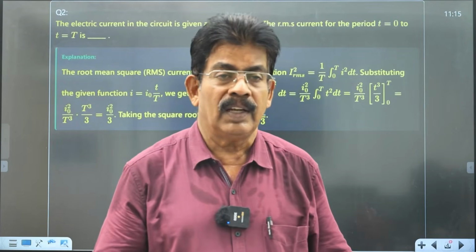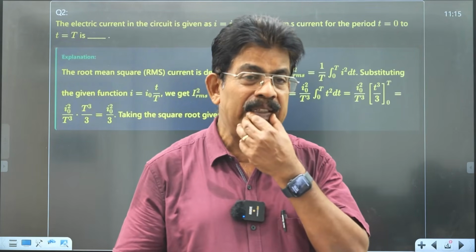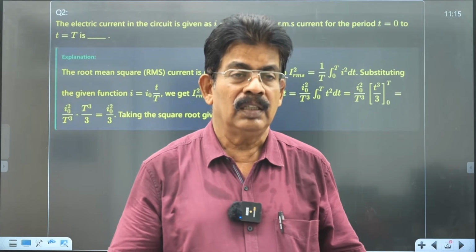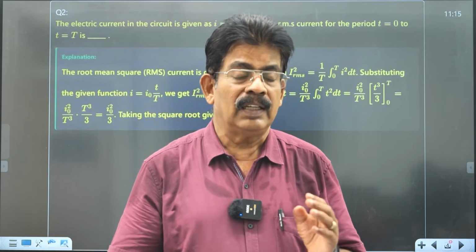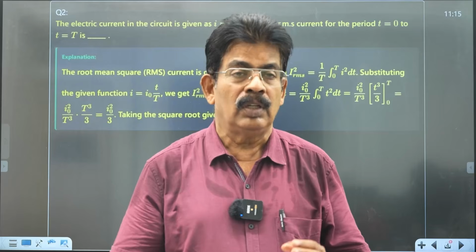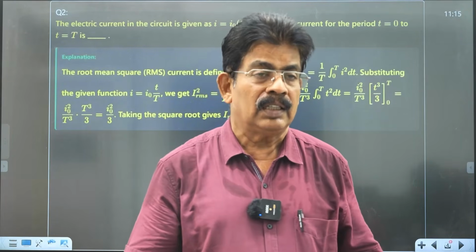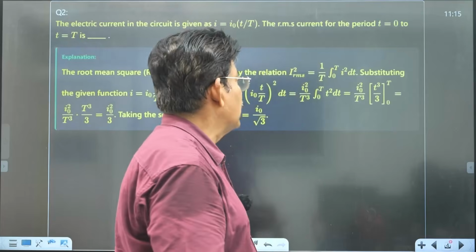Whatever heat is liberated in a DC circuit in a resistor, if that heat is equal to the heat generated by a varying or alternating current, then that DC current we call RMS current.